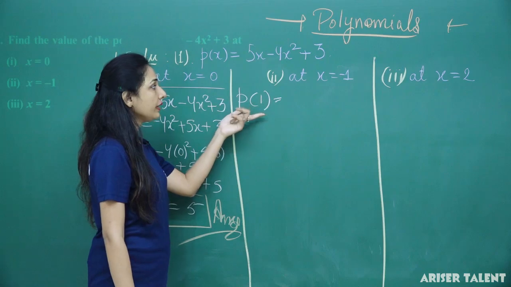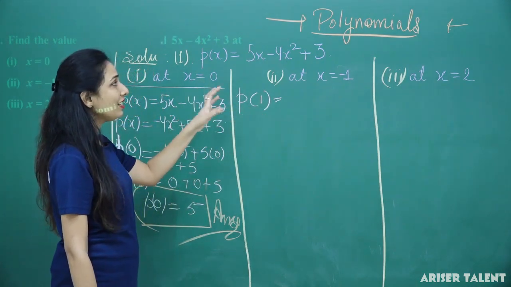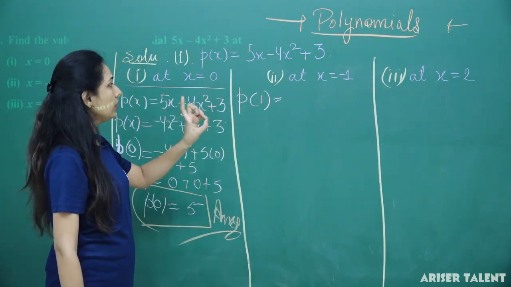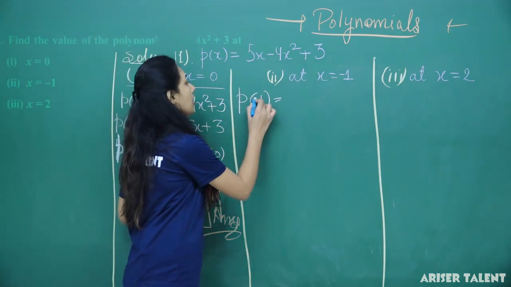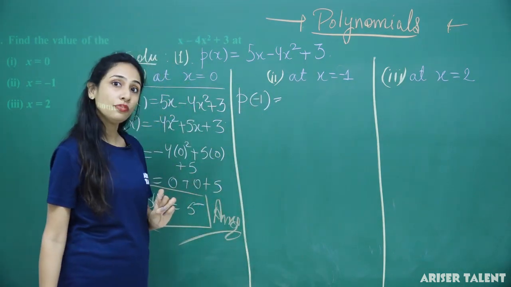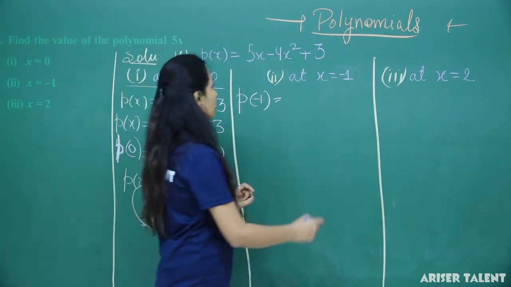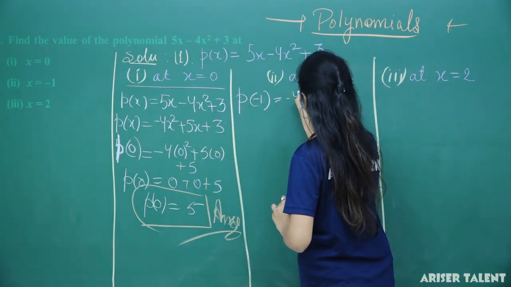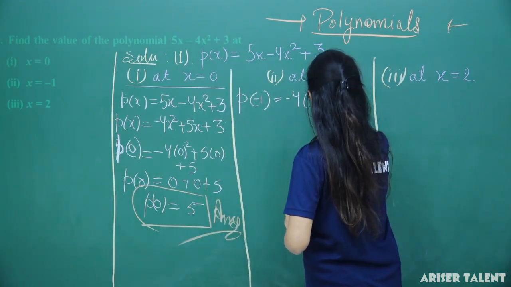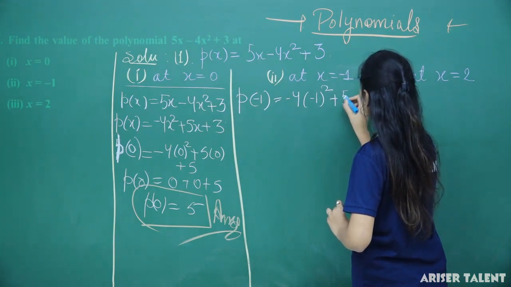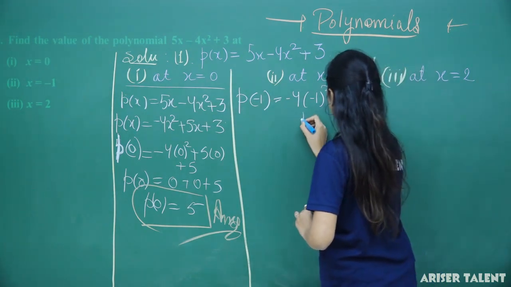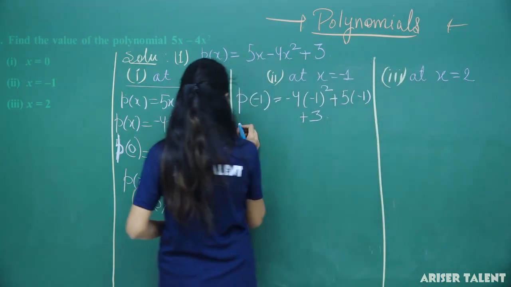Okay, now that p(minus 1) will be what? We will place minus 1 in the place of x. So that will be minus 4 (minus 1) whole square plus 5 multiplied by minus 1 plus 3. Now students, you can easily calculate this.